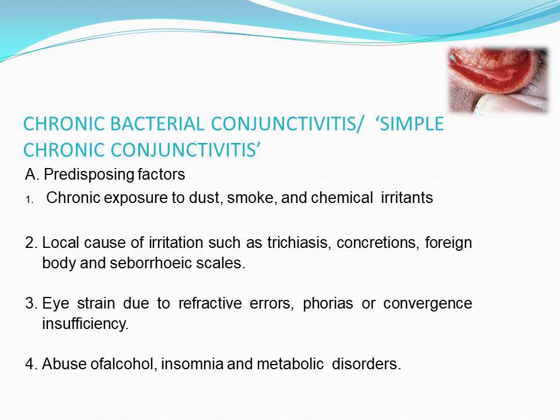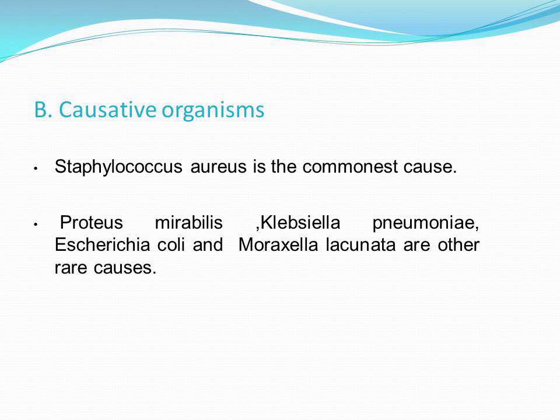Chronic bacterial conjunctivitis or simple chronic conjunctivitis. Predisposing factors are chronic exposure to dust, smoke, chemical irritants, local causes such as trachiasis, concretions, foreign body, eye strain due to refractive error, psoriasis, alcohol abuse, insomnia, and metabolic disorders. It is caused by Staphylococcus aureus, which is the most common.